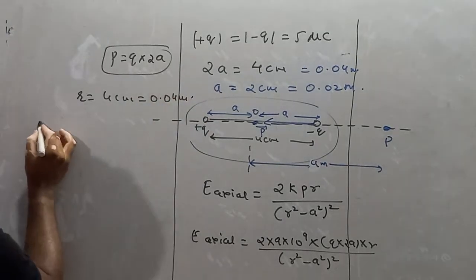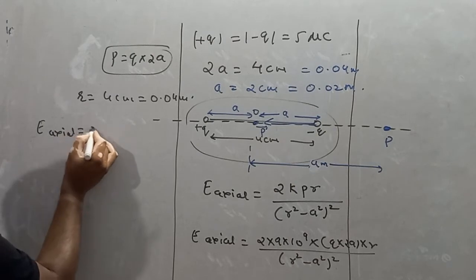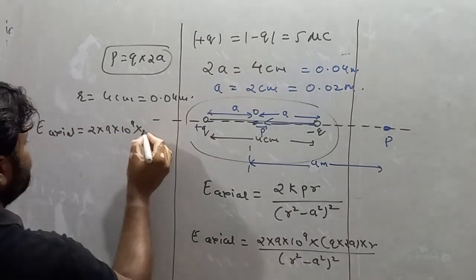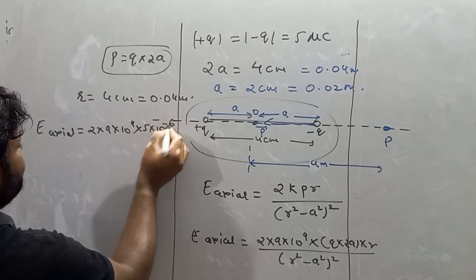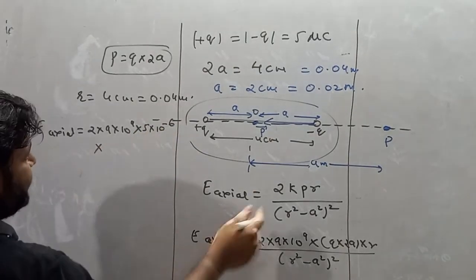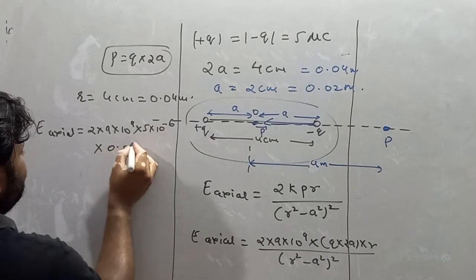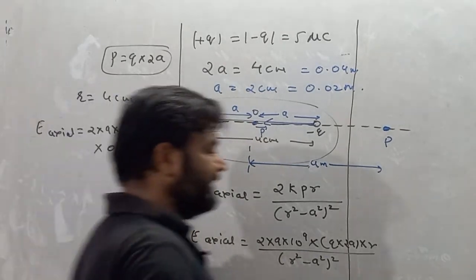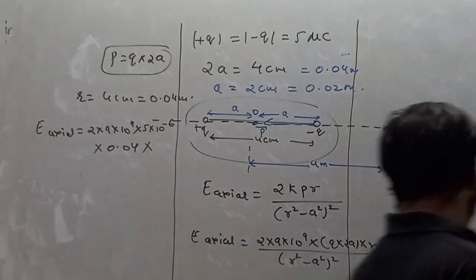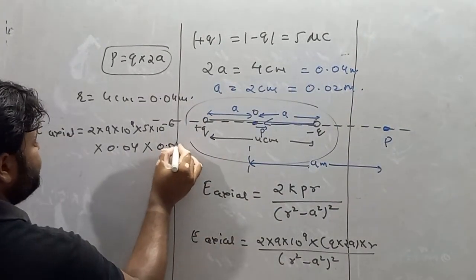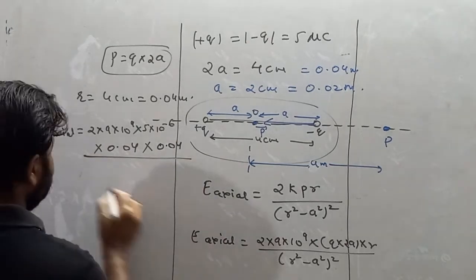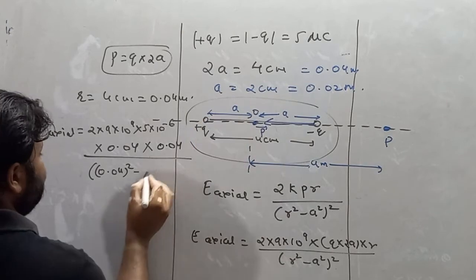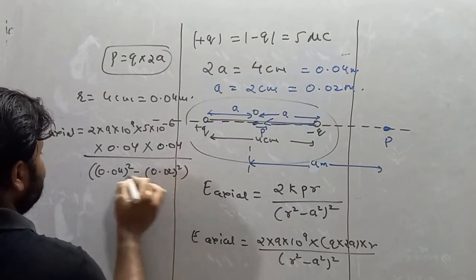So E axial must be equal to 2 into 9 into 10 raised to the power 9, multiply q. q is 5 microcoulomb, so it is 5 into 10 raised to the power minus 6, multiply 2a, it is 0.04, multiply r, so r is basically distance and it is also 0.04, so multiply 0.04 divided by (r square, it is 0.04 square, minus a, so a is 0.02 square) and whole square.